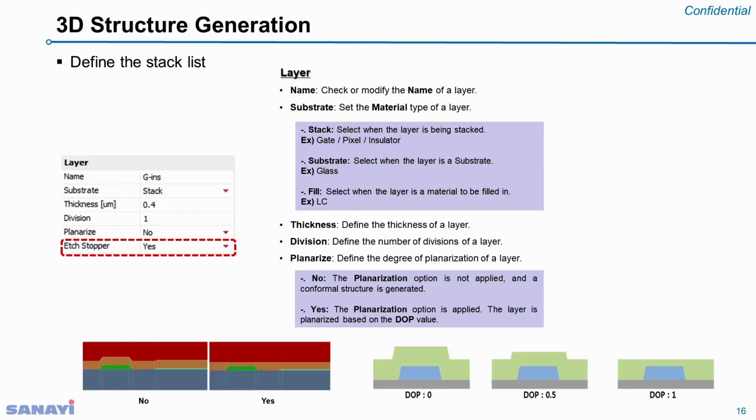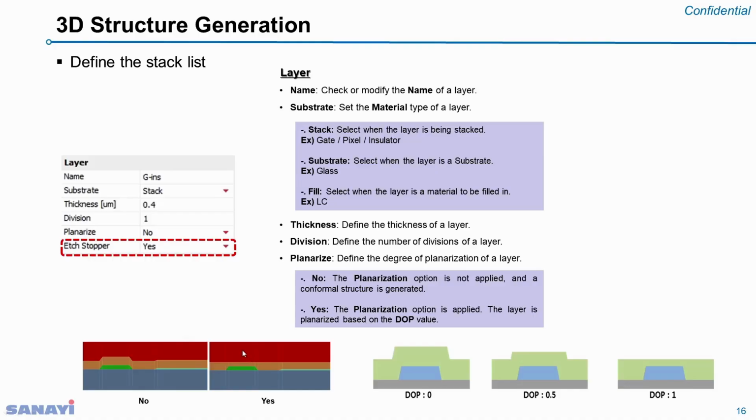So, defining the exact substrate type is very important. And division means the number of divisions. Planarize is mainly used in dielectrics, and you can set the degree of planarization called DOP and choose between no and yes. If you select no, the planarization option is not applied and a conformal structure is generated like this.